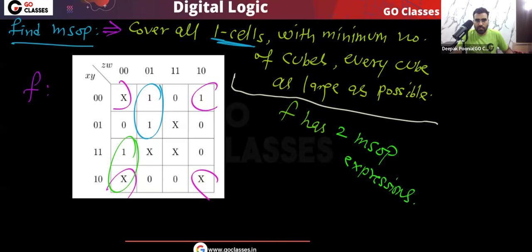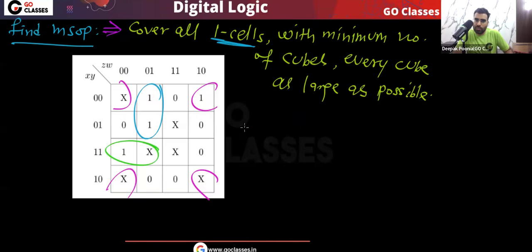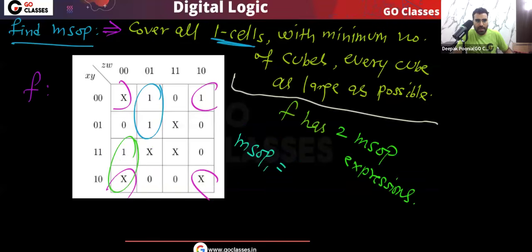Very easy. So what are those two minimal SOP expressions? Minimal SOP1, minimal SOP2. Remember, both will have the same number of terms, same number of literals. Let's see what this first minimal SOP will be.